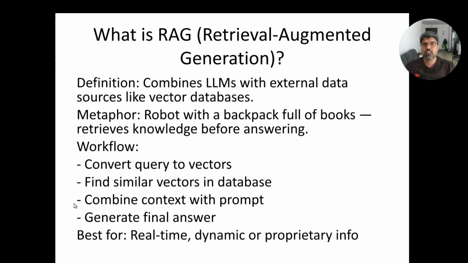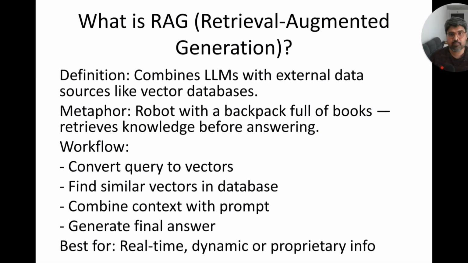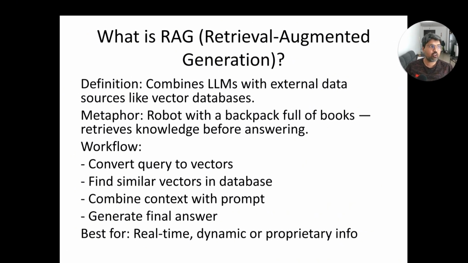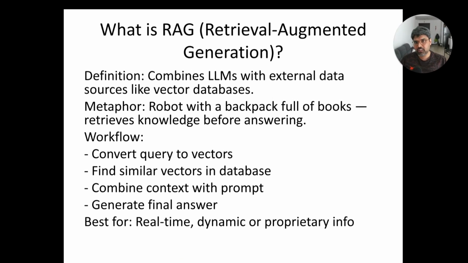And when do we use retrieval augmented generation? When you need to combine these LLMs with external data sources, connecting them through vector databases and all those things. In the photo that I showed you, the robot with a backpack full of books retrieves the knowledge from these books before answering you something very specific. There is a lot more complexity compared to prompt engineering.